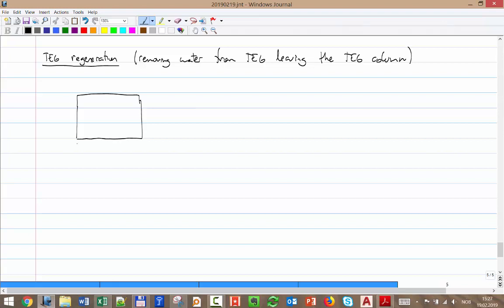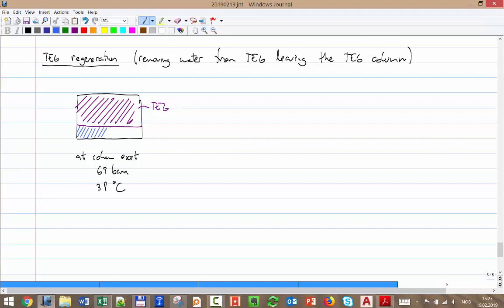The way we do it: let's say the column exit. Remember, we had around 69 bar for our example and 38 degrees Celsius. On those conditions, everything is going to be mainly, let's put the TEG, here we have our TEG, and here we have our water.